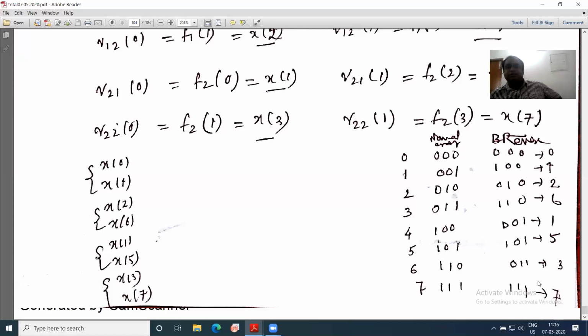That I will take in the next class, because I have only 1 minute 20 seconds left. So what I have understood so far is that I have computed only 2-point DFT, and by combining those results, I can achieve up to 8-point DFT or even more. But what exactly the computational complexity is, I will estimate in the next class.